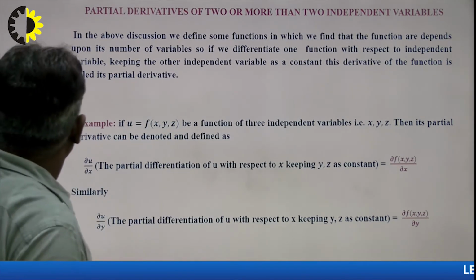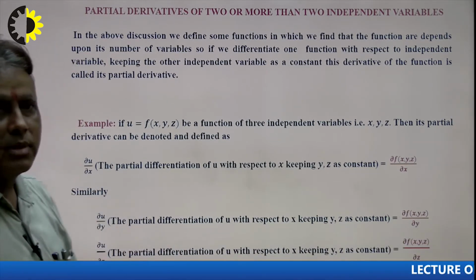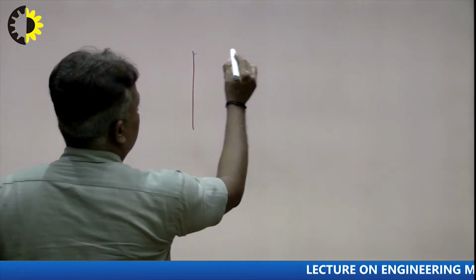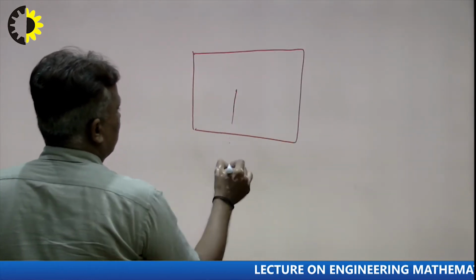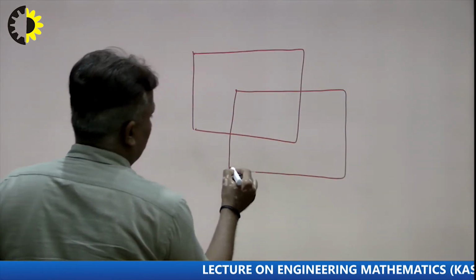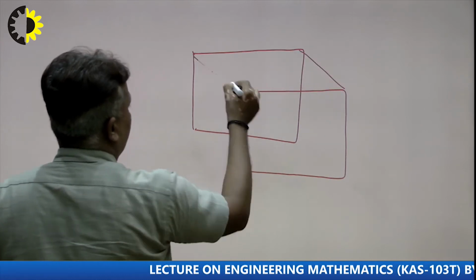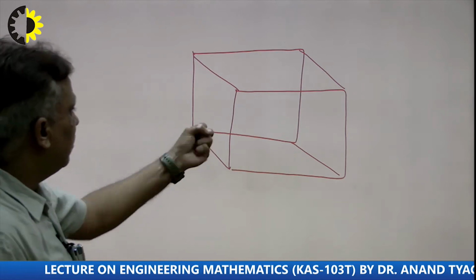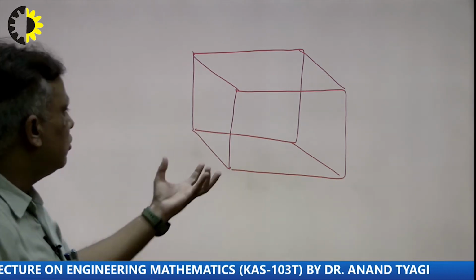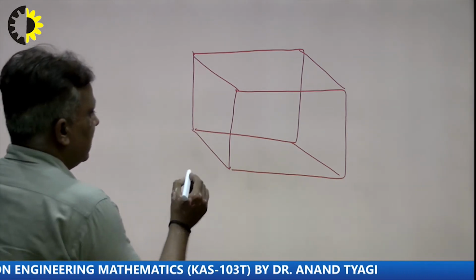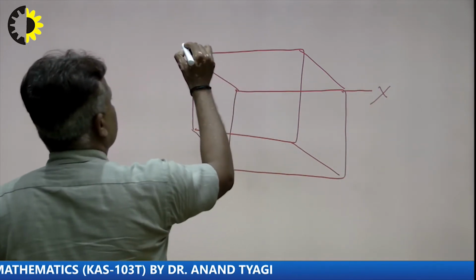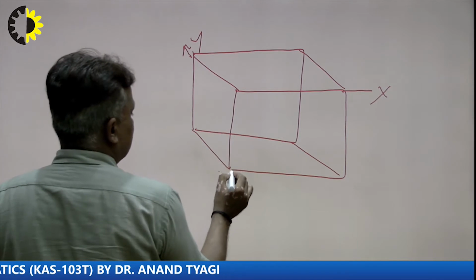But the question is, what is the need of such type of problem? Suppose I have a cube, and I want to calculate how much volume of liquid can be occupied in this. My aim is this. So suppose I want to calculate the volume. So how to calculate? This is the x axis, this is the y axis, and this is the z axis.